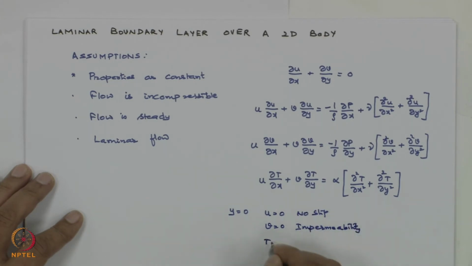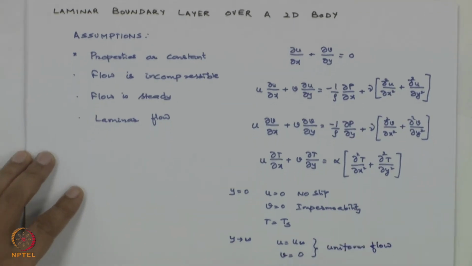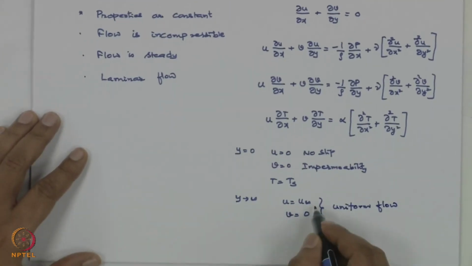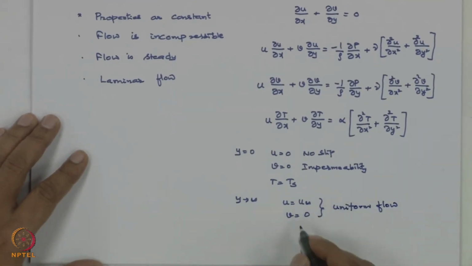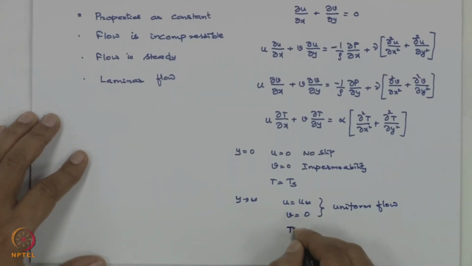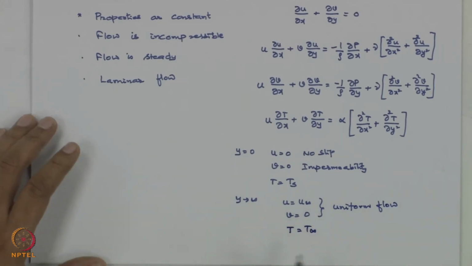and T equal to Ts, that is constant wall temperature. At y tending to infinity at any x, u is u infinity, the free stream velocity I am taking, and uniform flow, v is 0, that is u equal to u infinity, v equal to 0, uniform flow, and T equal to T infinity.